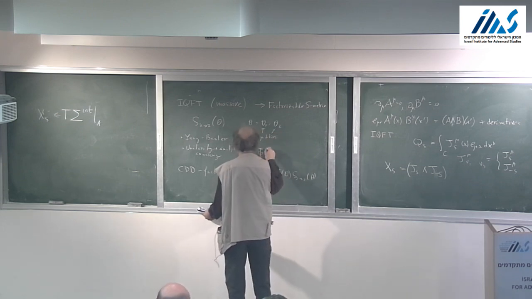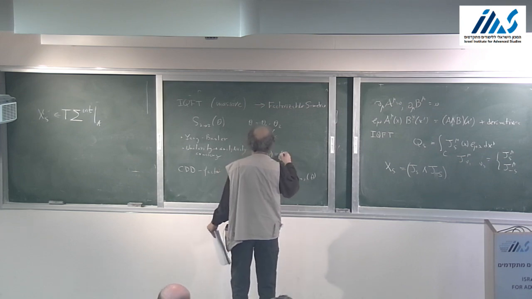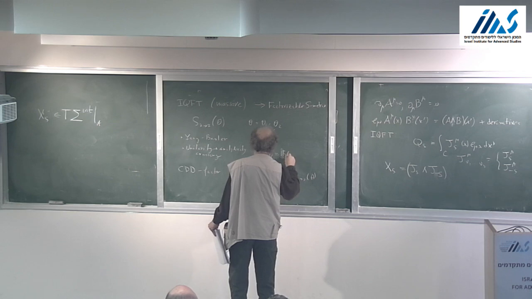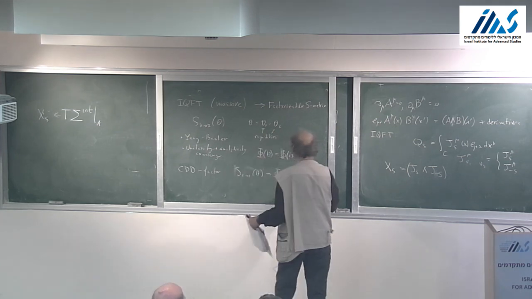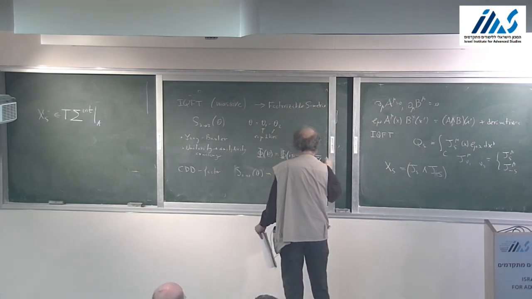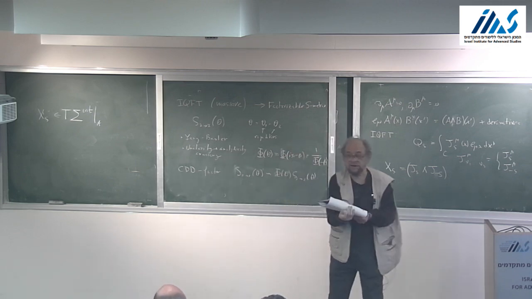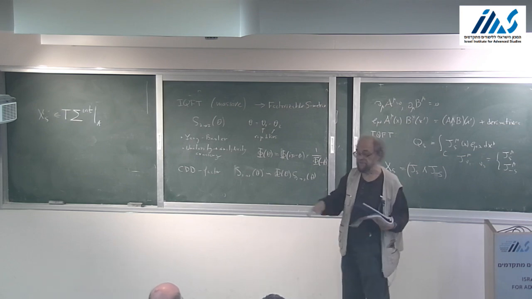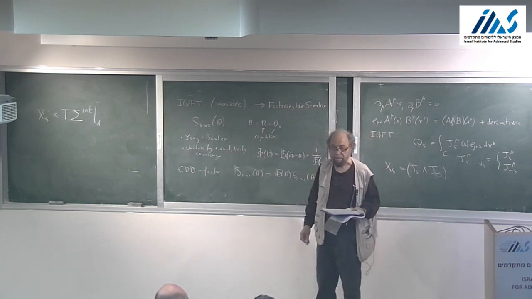Phi of theta equals phi of i pi minus theta. That's from crossing symmetry, and equals 1 over phi of minus theta. That's from unitarity. So there is an infinite space, some nonlinear space, of factors of this sort.